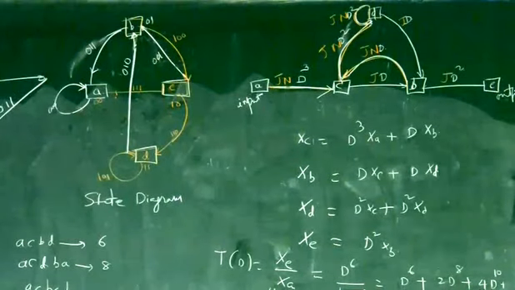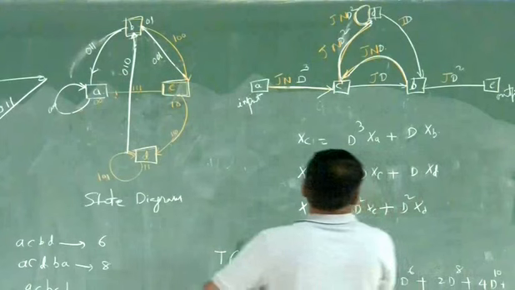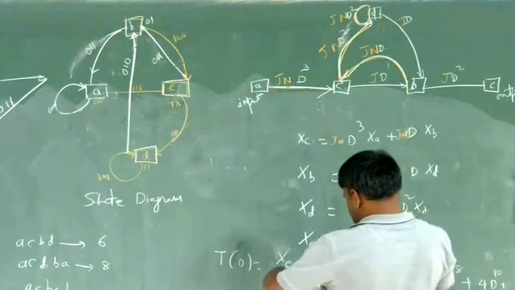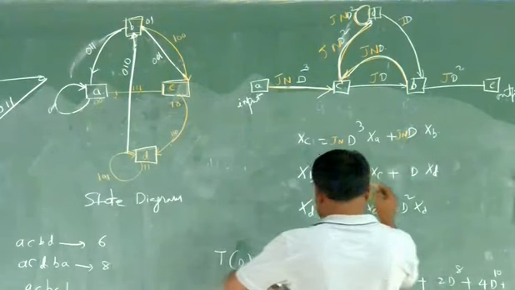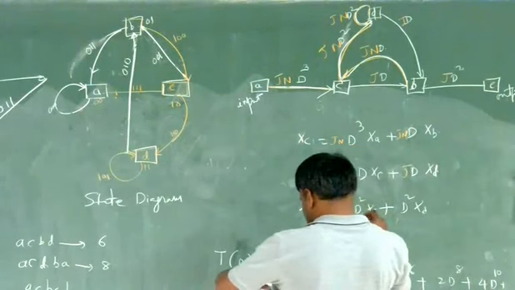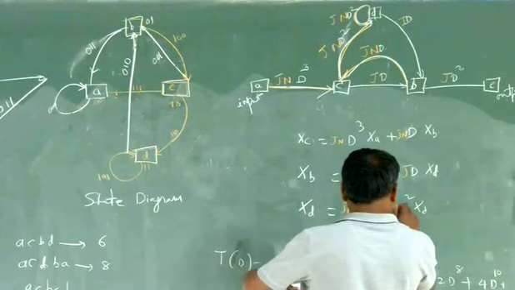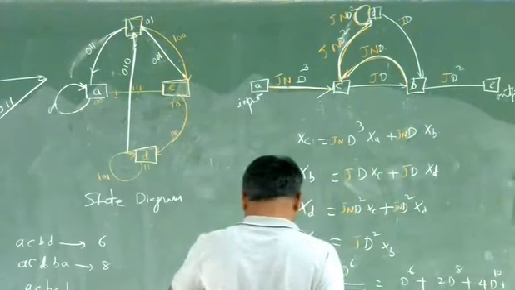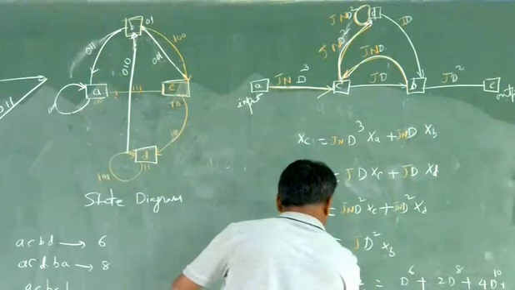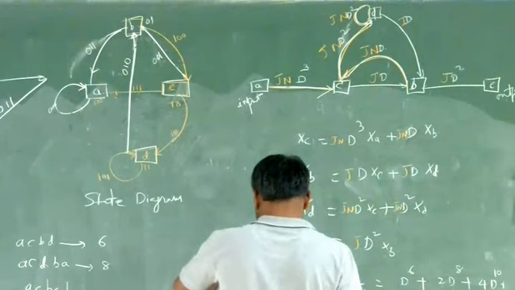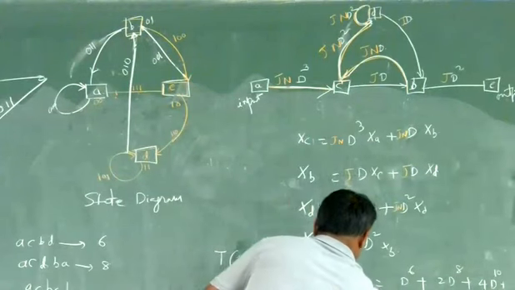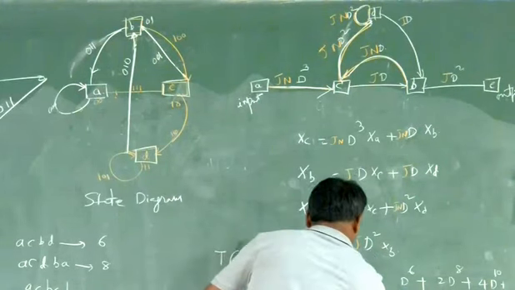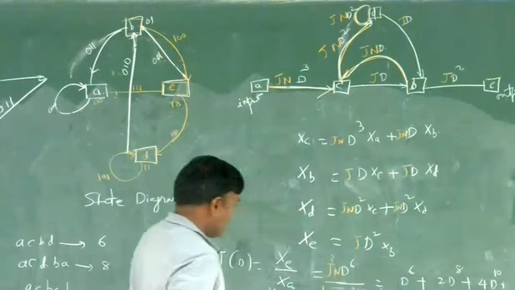Now what we will do is modify this equation: J and D cube, J and D, J N, J N, J cube, divided by 1 minus J N D square, into 1 plus J. Okay, that is a transfer function.